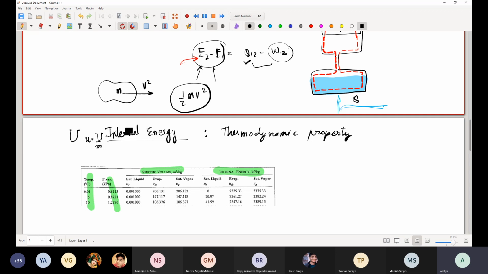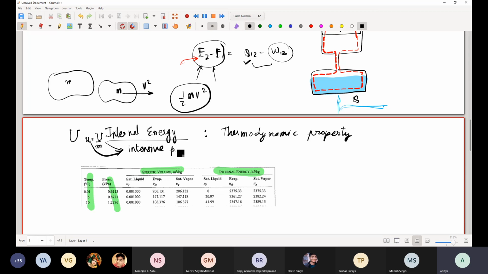But even when the mass is not moving, when the potential energy has not changed, a system, by the sole virtue of its molecular interactions inside the system, has a certain amount of energy, and that is intrinsic to the system. So it is an intrinsic property. It does not depend on the mass. Specific internal energy does not depend on the mass, and we will say that it is an intensive property.